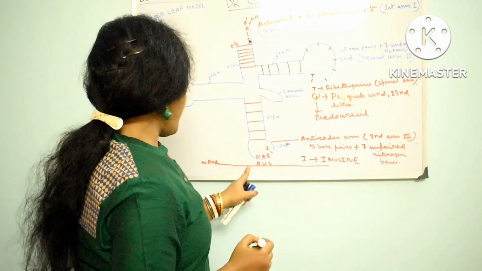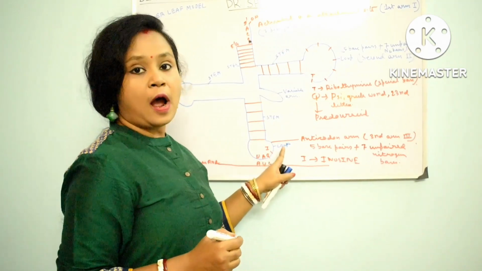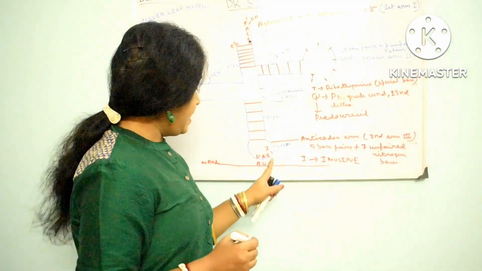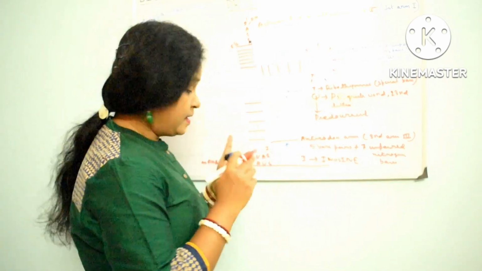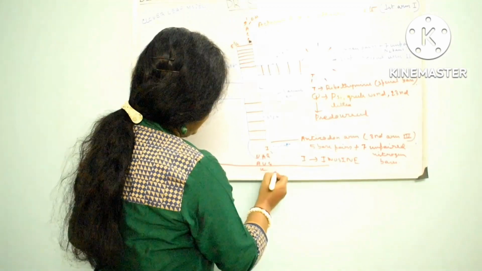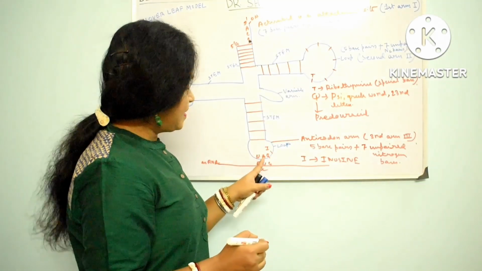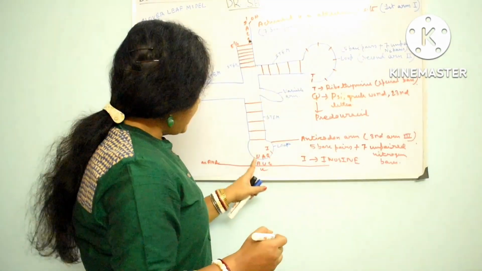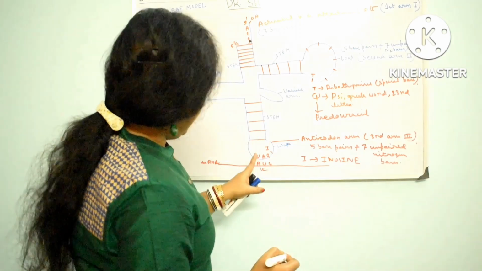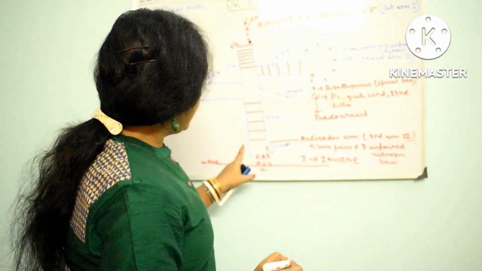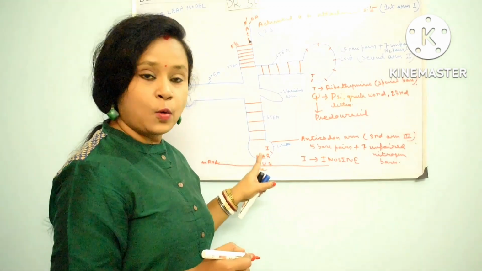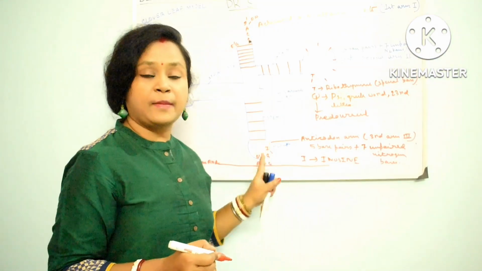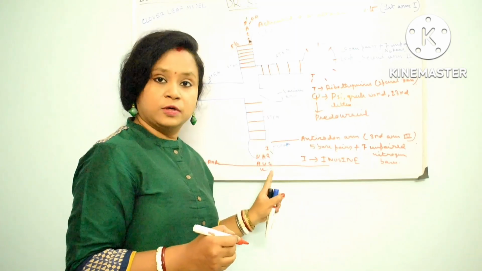The anticodon arm of this tRNA has the anticodon, which is complementary to the codon present in the mRNA. So this type of tRNA has the anticodon for the methionine amino acid, the start codon.